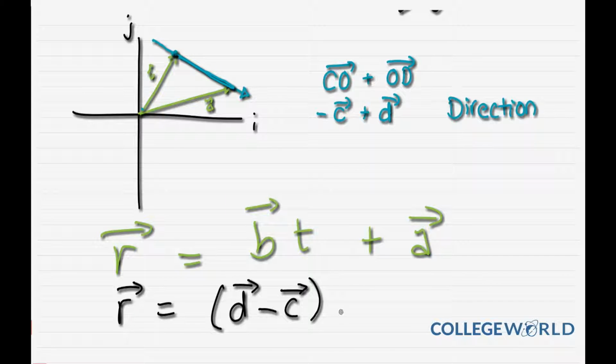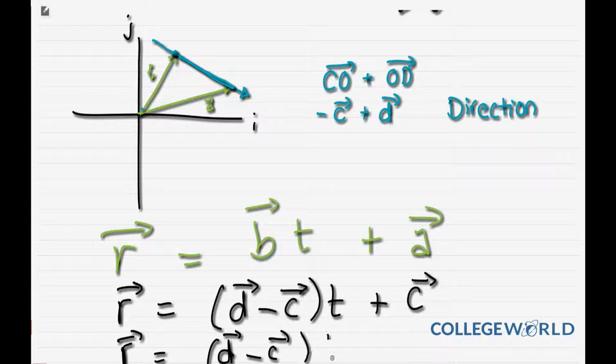This is what it's parallel to, times t, plus a is any position vector it passes through, so let us just go with C or D, it doesn't matter. So it can be (D minus C)t plus C or (D minus C)t plus D. Both of these are equations that will give you the straight line equation.